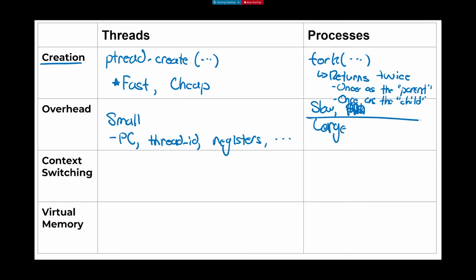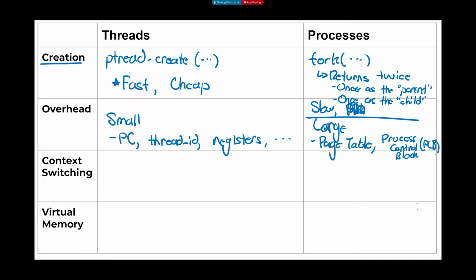So we can talk about all the things that are not shared between processes. This is your virtual page table. Or sorry, your page table is not shared. So you have separate page tables for each process. You have an entire thing called the process control block, or the PCB.